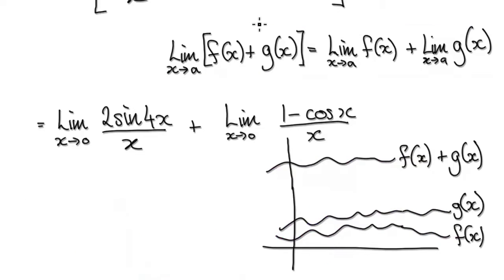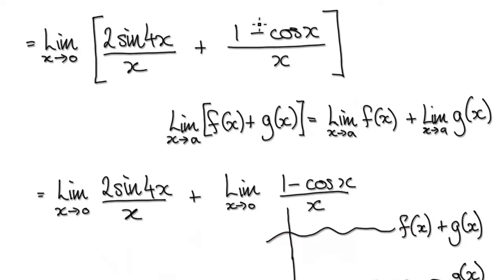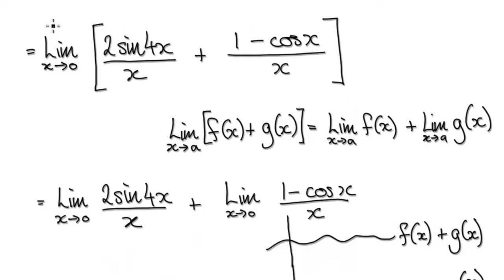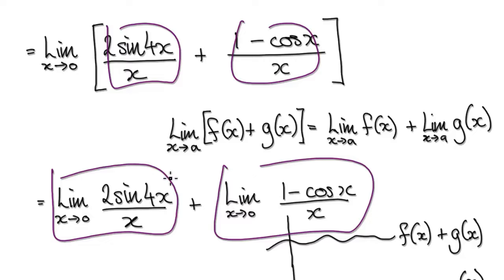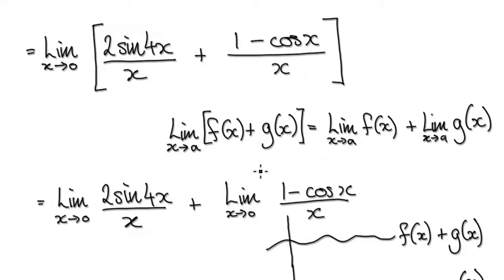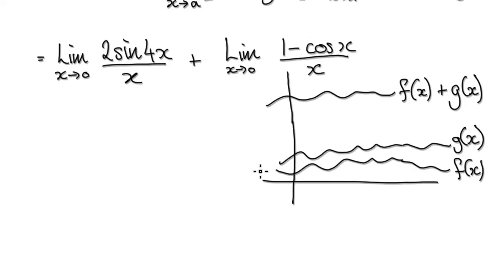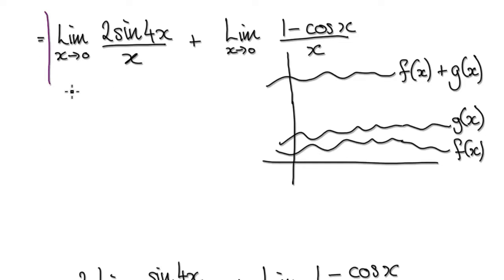Anyway, let's go back one step. We are currently here. So finding the limit of the sum of the two is the same as finding the limit of one, finding the limit of the other, and whatever the answer is, just add the two together. Okay, so that will then take us to here.